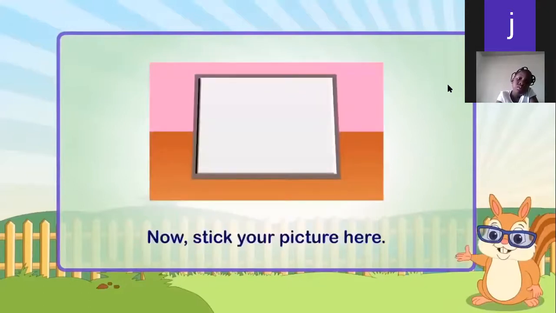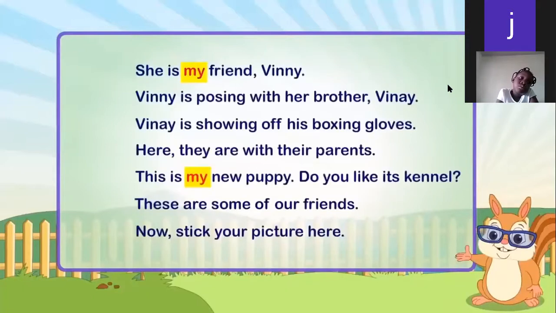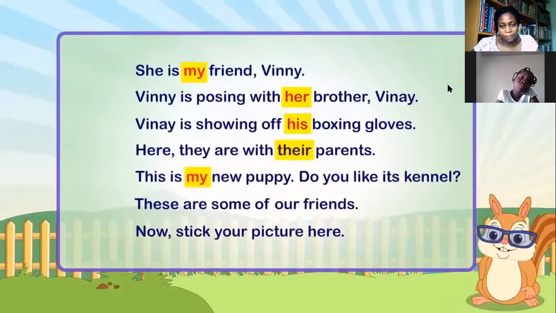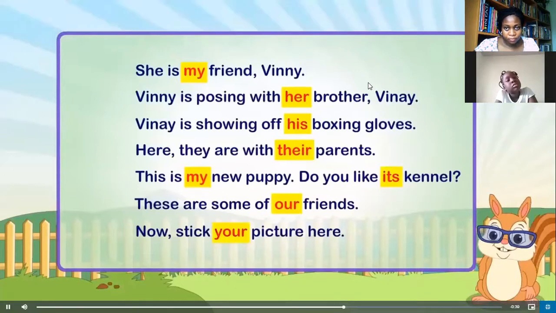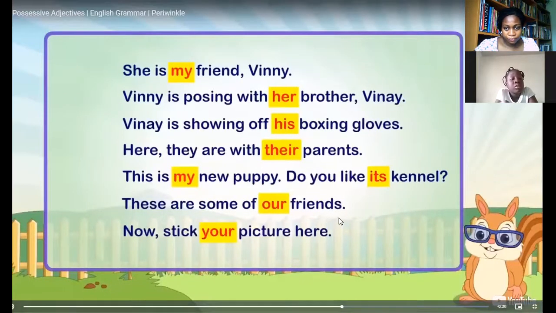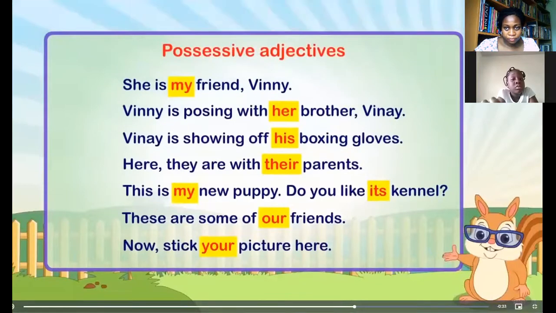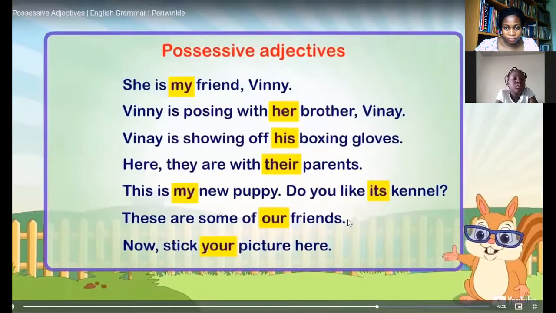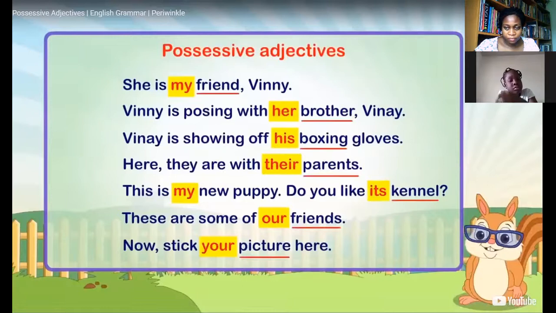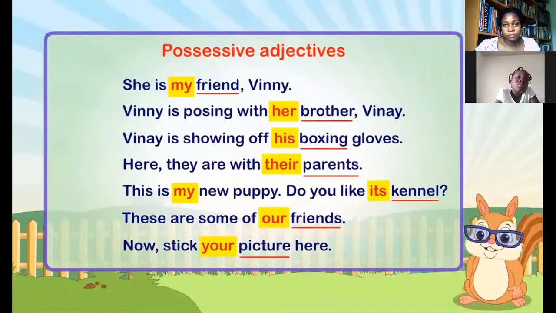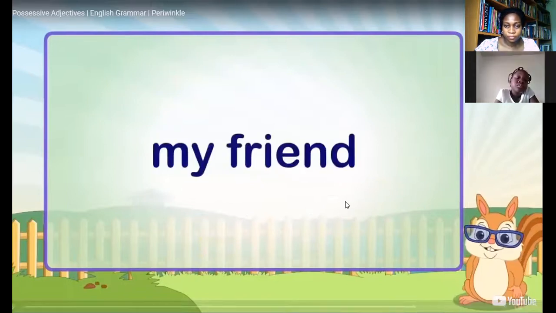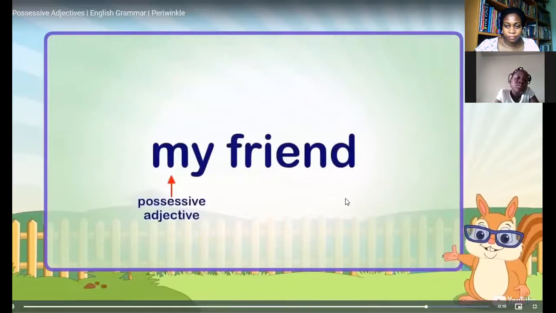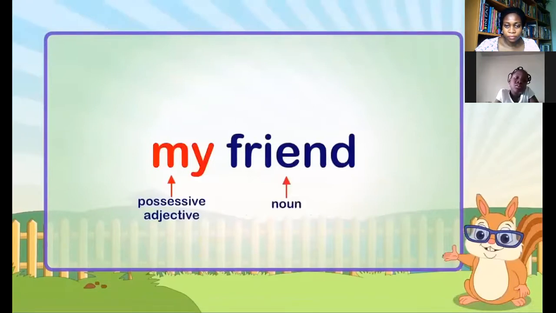Now stick your picture here. The words my, her, his, their, its, our, and your show a relationship or ownership. They are called possessive adjectives. Possessive adjectives always come before a noun that they qualify. For example, my friend. The possessive adjective my qualifies the noun friend.